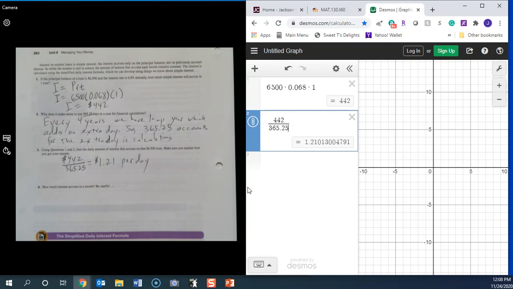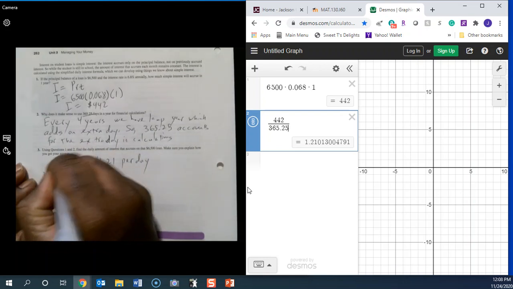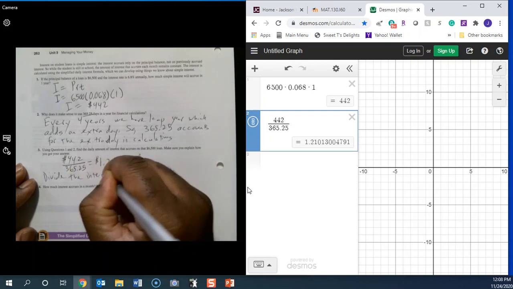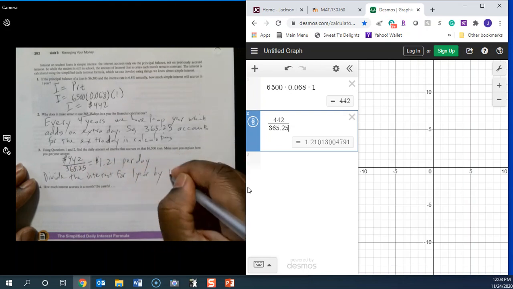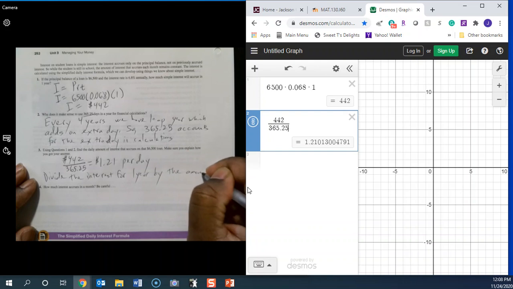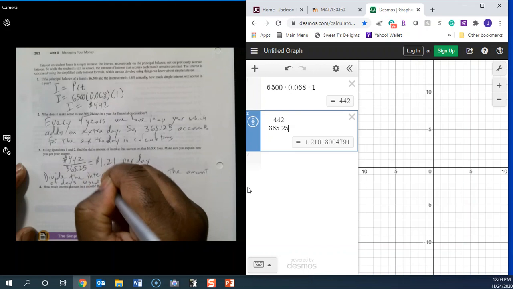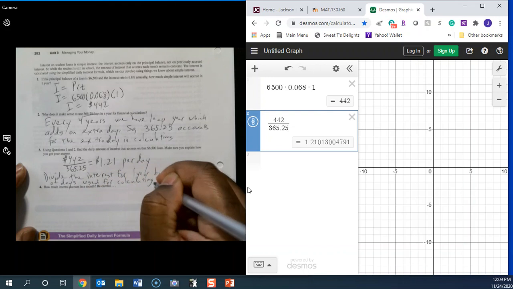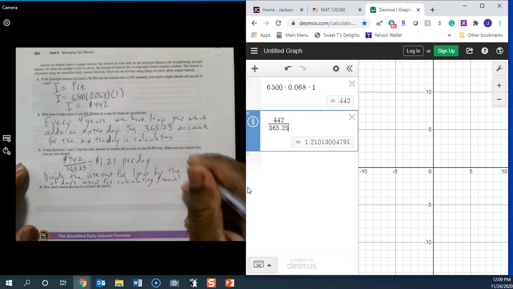And it says for us to explain how we got the answer. So basically, divide the interest for 1 year by the amount of days used for calculating financial calculations.